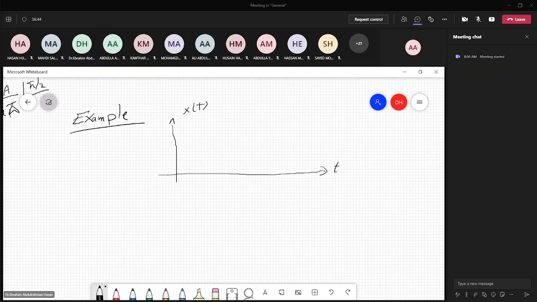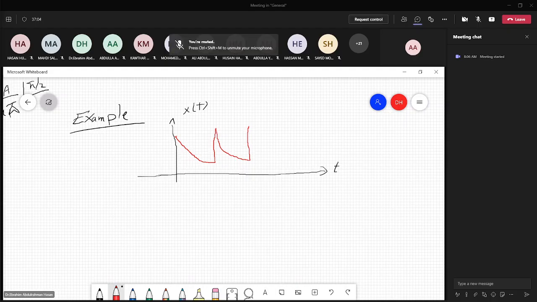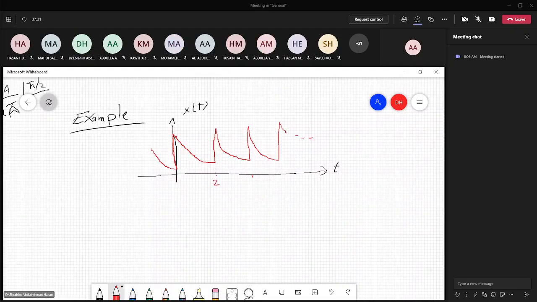X of t. Okay, here it's 2, 4, 6, and so on.